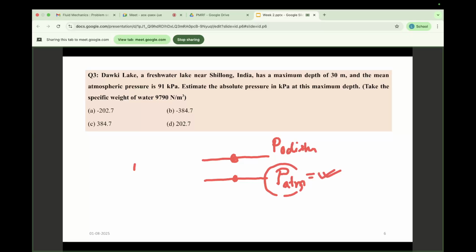The change between these two states is known as gauge pressure. That means the difference, where the pressure of Jharkhand is considered as atmospheric pressure. That's why in real life, if somewhere you find P gauge equal to 0, that means it is the atmospheric pressure.